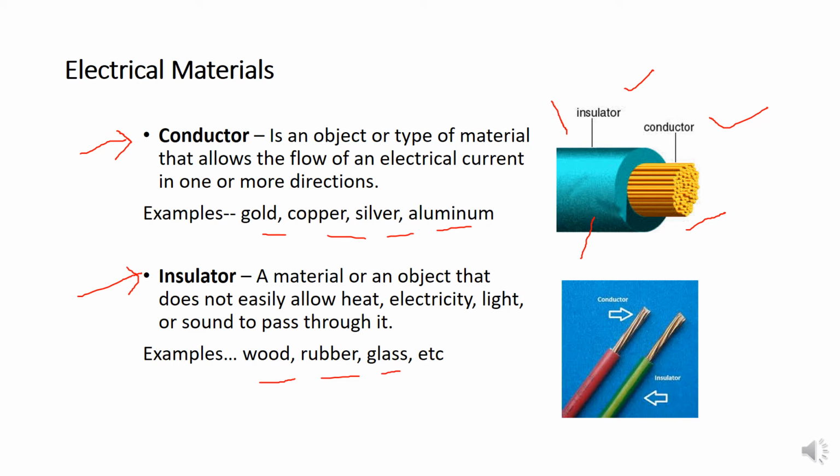For example, even if you touch a conductor while holding dry wood, it will not pass the electric current, because wood is an insulator. Here you can see the different wires. They are conductors, but they are protected with insulators so they secure us and don't give an electric shock.